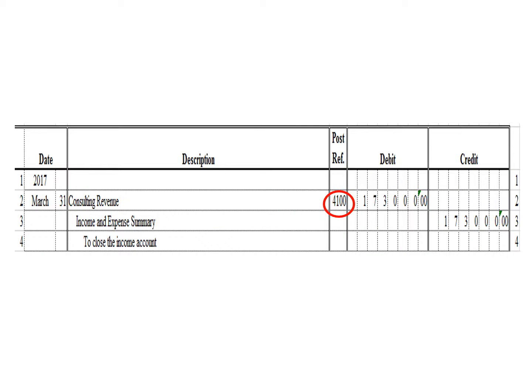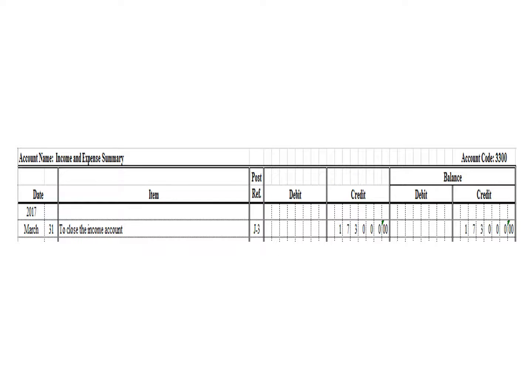After posting the debit entry, write the posting reference 4100. This is the account code for consulting revenue. Let us post the credit entry. In the income and expense summary account, we write the date, March 31, the description to close the income account, posting reference J3. Under the credit column, write the amount 173,000 pesos.